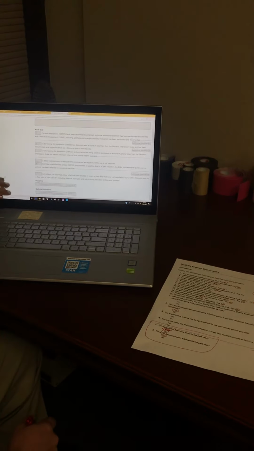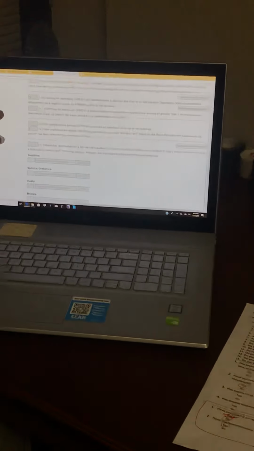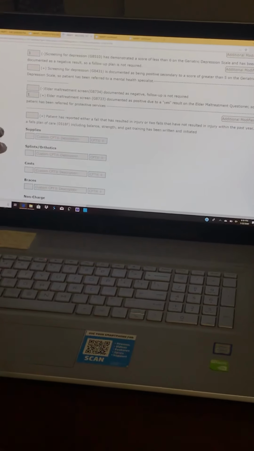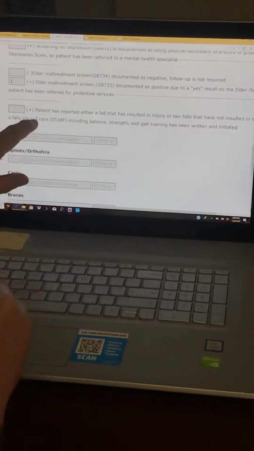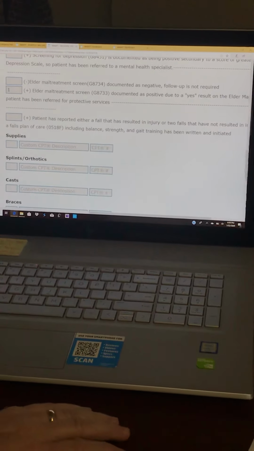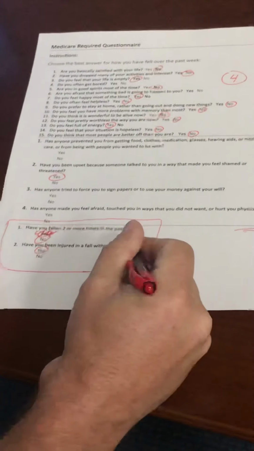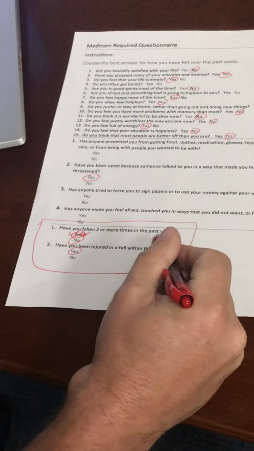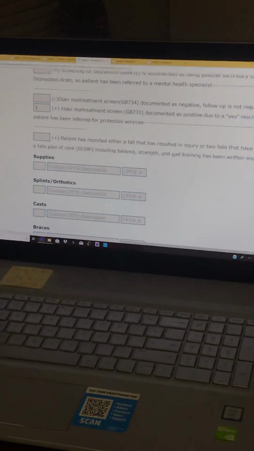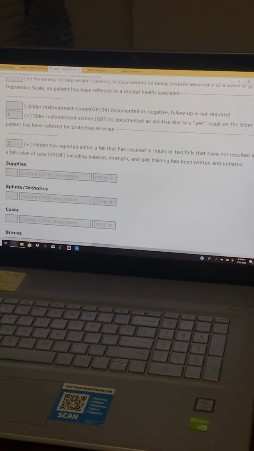Now lastly, although everybody has a fall assessment, not everybody has to have a falls plan of care in their chart. So if the patient fills this out that they've fallen 2 or more times in the past year, that would trigger this being a positive result.